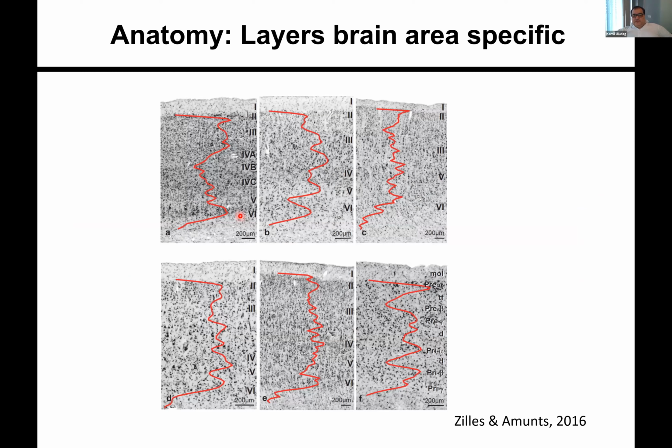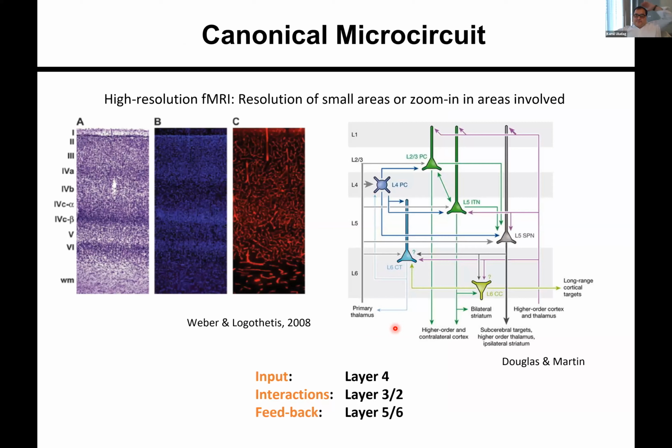And if you look at different brain areas, you see that the layer profiles in cell density differ depending on which brain area you are in. Now, based on cell densities and on how synapses are distributed and connected, Douglas and Martin and other people have developed microcircuit models. I will not go too deep into the microcircuit models, and they are experts in the audience.